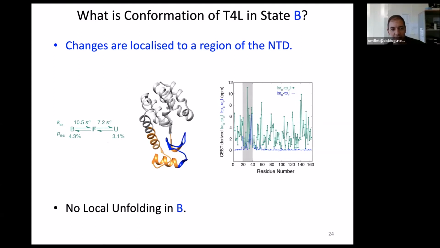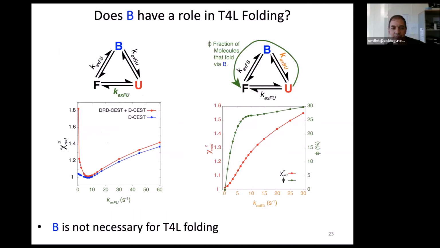And an anonymous attendee asks an almost topological question: whether it's possible to rule out the triangle exchange model by running double resonance CEST experiments. Okay, so I don't want to say we can rule it out, but when we fit the data to the triangular model, what we find is the minimum comes when this KEX BU is 0.